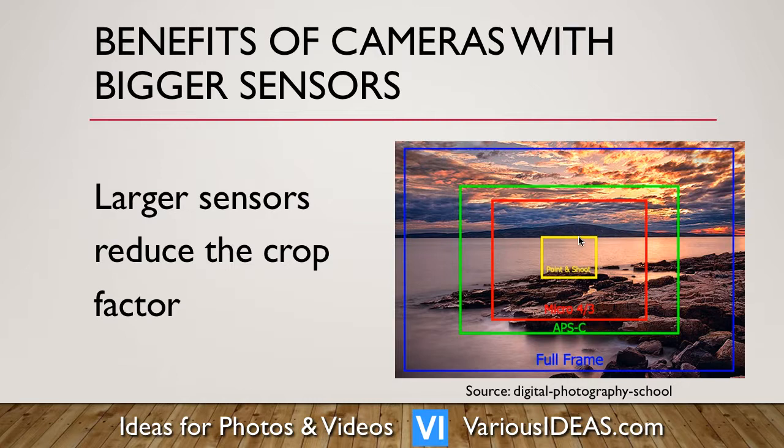So the bigger the sensor, the more it can capture, and the crop factor will be reduced. Ideally most people use full frame, but it's not really an issue if you have a lot of space to walk up and down. It only becomes an issue when you are in small spaces, for example a very small room, where you will definitely have problems using a point and shoot camera or even Micro Four Thirds.